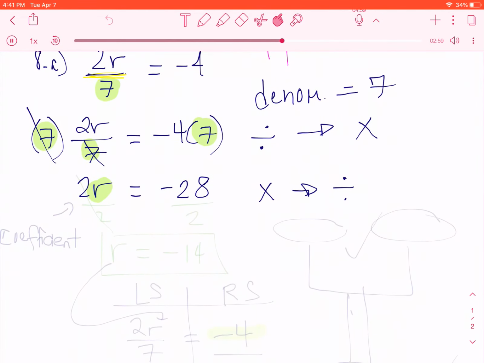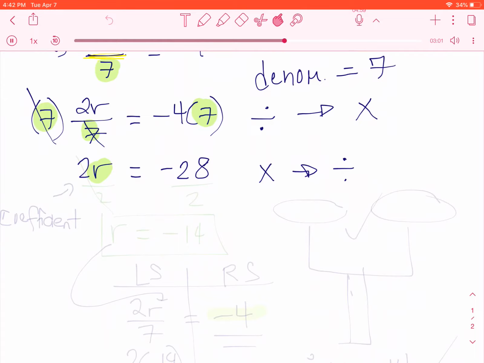So what we're going to do is divide by the coefficient, which in this case is 2. I'm going to take my left side and divide by 2, my right side and divide by 2. That's actually going to cancel, and I'm going to have r is equal to negative 14.